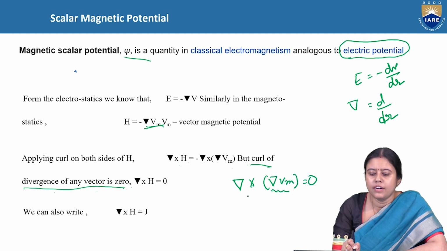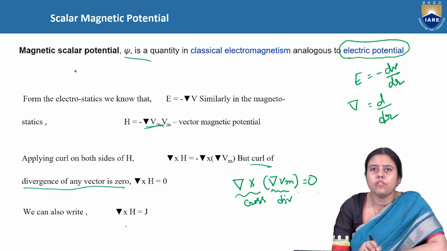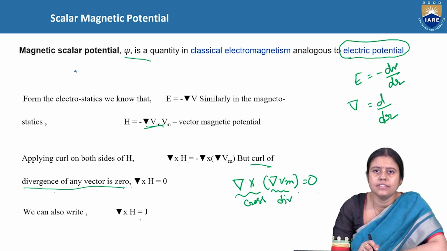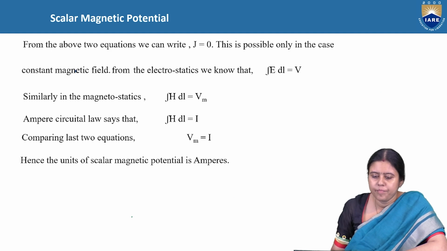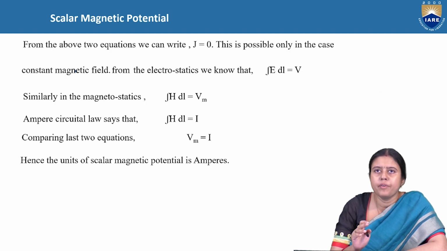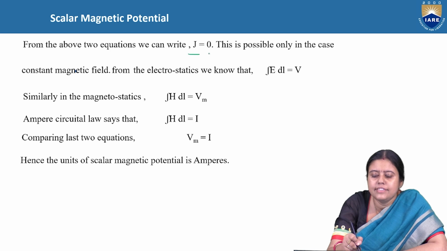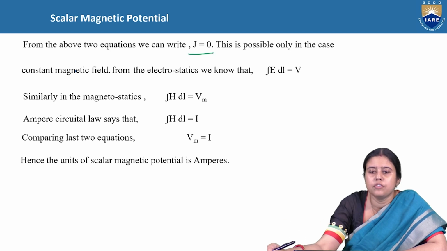The curl means cross product of any gradient is equal to 0. Again, we know grad cross H is equal to J. So from the above equation, we can write J equals 0.